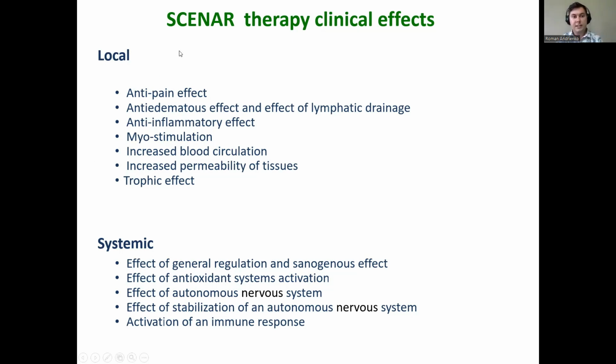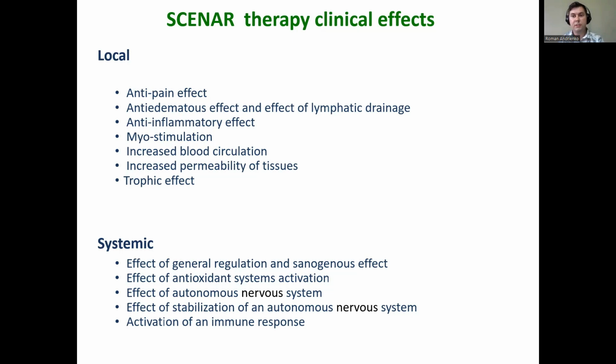But aside from that, this is all great, but we can also work with systemic Scenar therapy. We can also work with the chronic conditions of our patients. So we are able to obtain systemic Scenar effects, which include the effect of general regulation of the patient's body, or as we called it before, the sanogenic effect or effect of sanogenesis. The effect of antioxidant system activation.